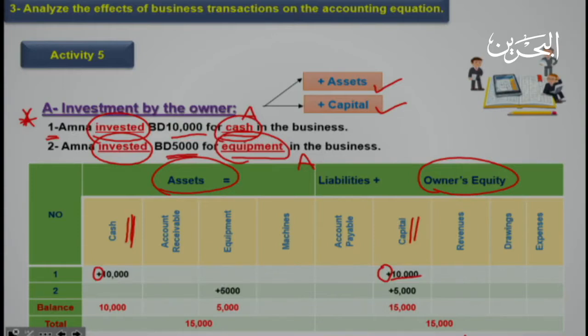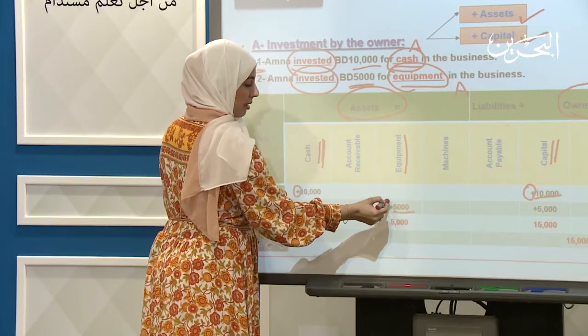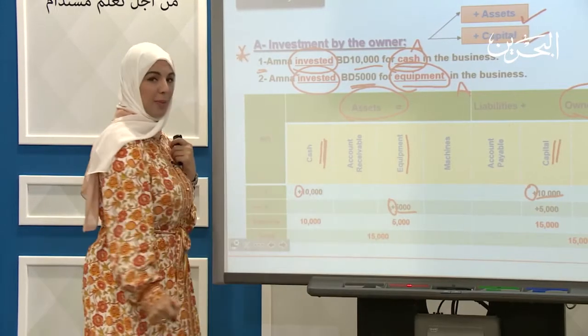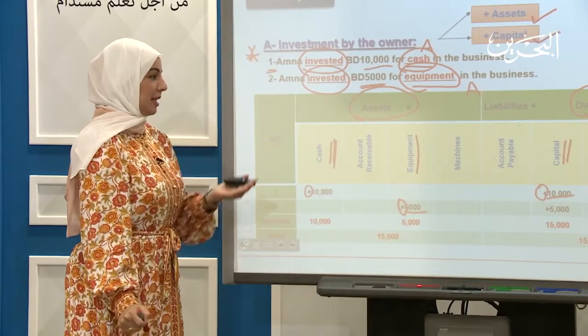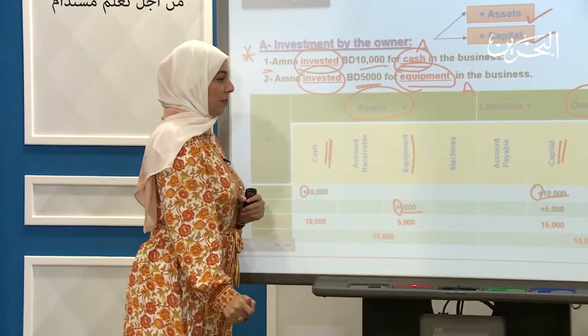Returning back to our schedule, in transaction number 2, I will come to the section of assets under the equipment account. And I will increase it by 5,000. And I should add the plus sign to show that the equipment account will increase.